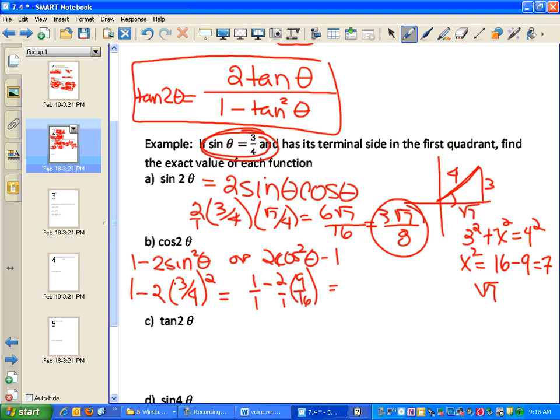And so I'm going to take that 2 into the 16, 8 times. And so that's 1/1 minus 9/8. And what is that as an answer? I hope you can do this in your head. -1/8. Because it's 8/8 minus 9/8. Are we good?